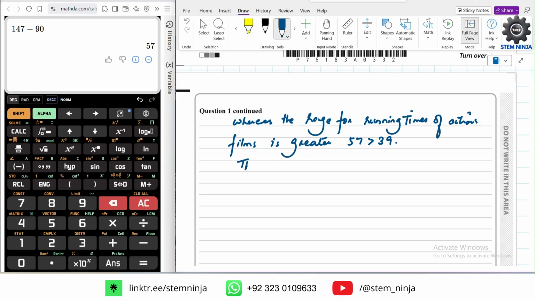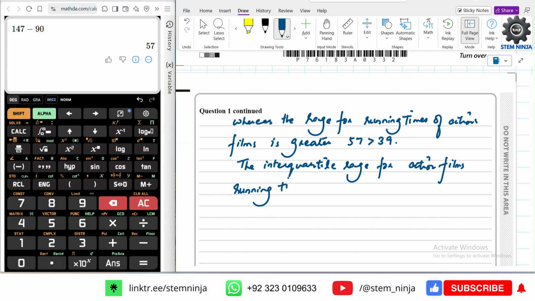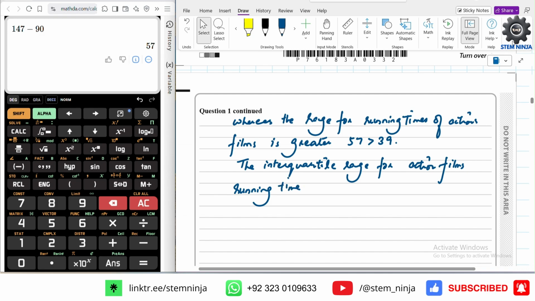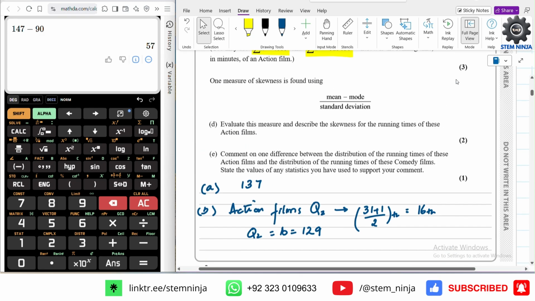You can also say the interquartile range for action films running time, let's say, what was it?